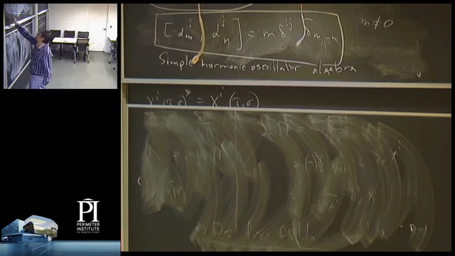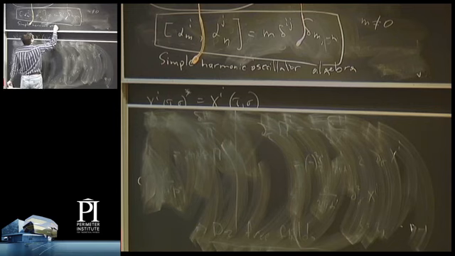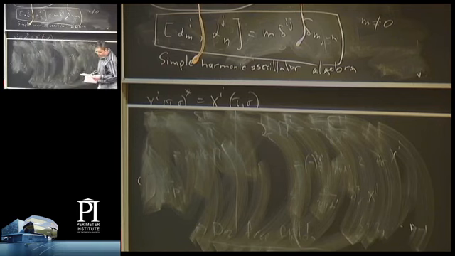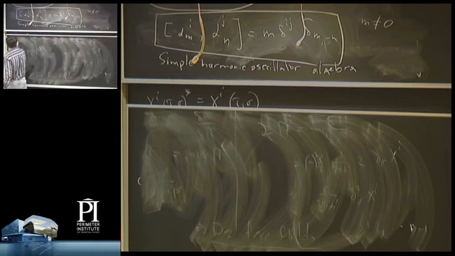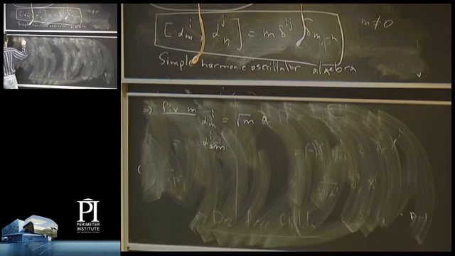So this is simple harmonic algebra in disguise, and we can make it very explicit. What we can do is the following. We can fix m.